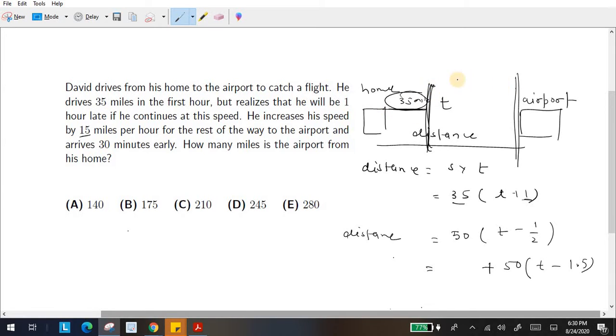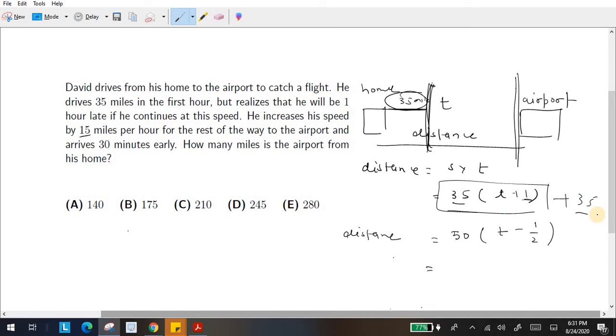From this point to this point he's accelerating, right? So can we say that in the first case he is going to take 1 hour extra, and in the other case he is going to take half an hour early? Yes, that makes sense. And then you equate the equations, get the value of t, substitute it in the equation, and whatever value you get, just add 35 to it, and that will give you the answer.